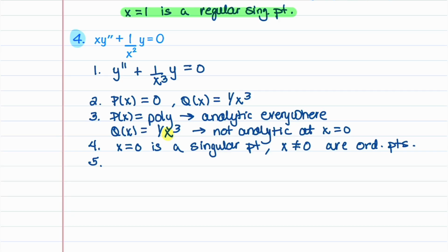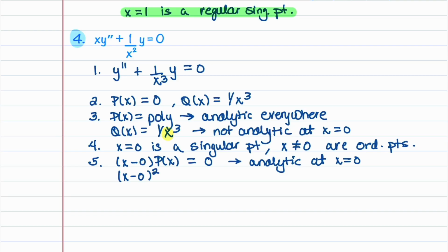To do that, we have to look at x minus a, so in our case, we have x minus 0 times p of x. P of x is 0, so this is just 0. So this is analytic at x is equal to 0. Now let's look at the quantity x minus 0 squared times q of x.